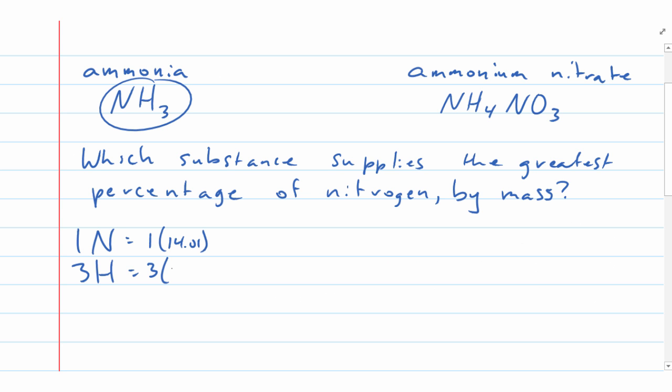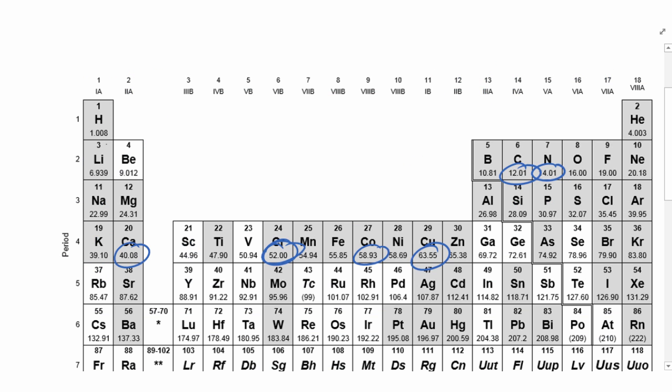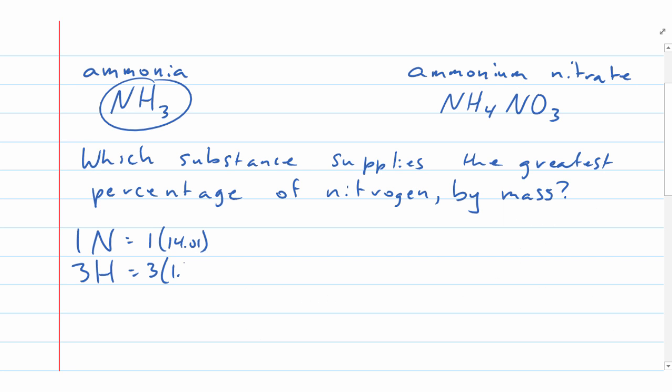We have 3 hydrogens, each with a mass of 1.008. If we multiply these through, we get 14.01, 3.024. We sum these down, we get 17.03.